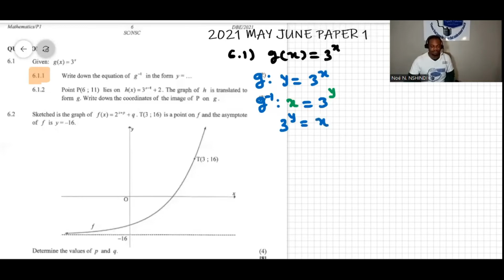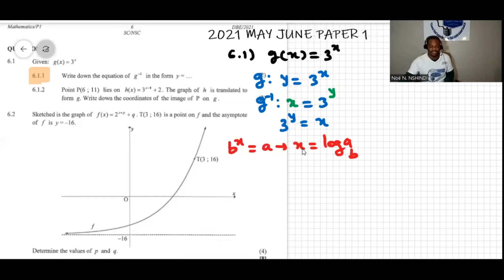Now, there is a property for log functions, because the inverse of exponential functions are logs and vice versa. The property says that b to the power of x equal a implies that x equal to log of a base b. So in this situation, this x here is that y.